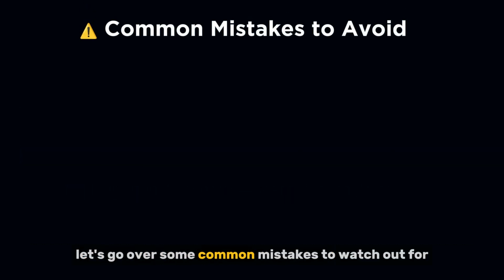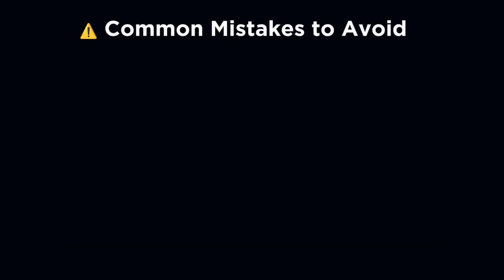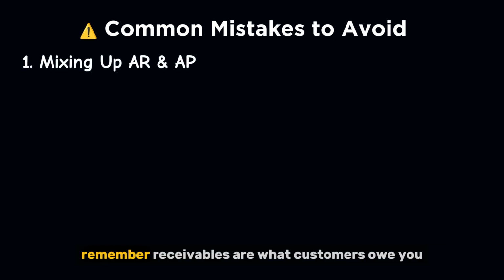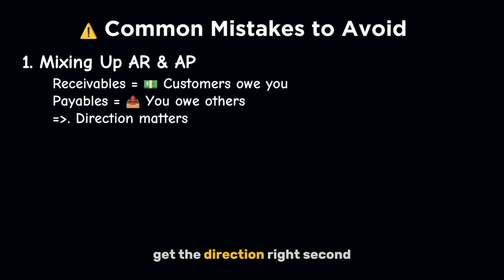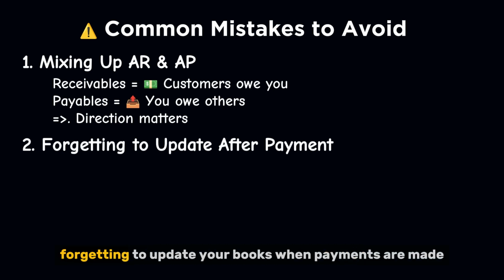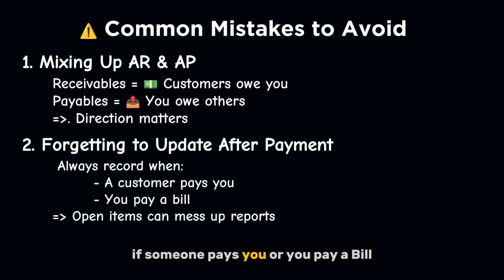Let's go over some common mistakes to watch out for. First, mixing up receivables and payables. Remember, receivables are what customers owe you. Payables are what you owe to others. Get the direction right. Second, forgetting to update your books when payments are made. If someone pays you or you pay a bill, your accounts need to reflect that. Leaving them open will throw off your reports.